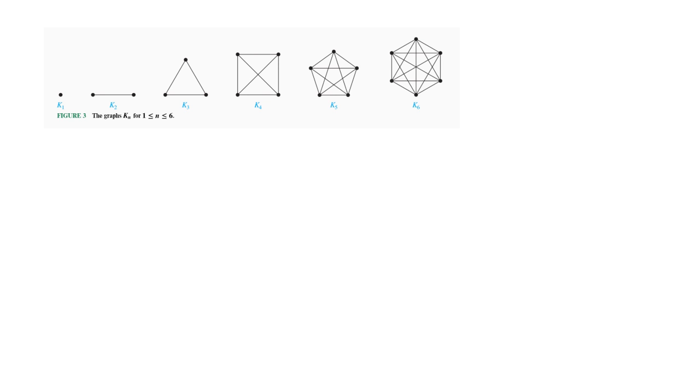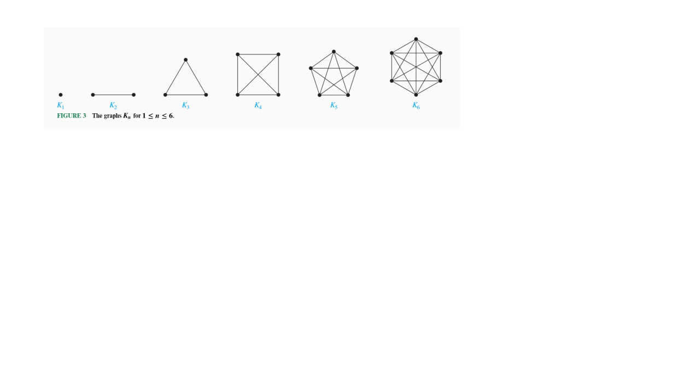In this slide, we see some special classes of graphs which have special names. This one here is the complete graphs, as I also defined in the previous session.